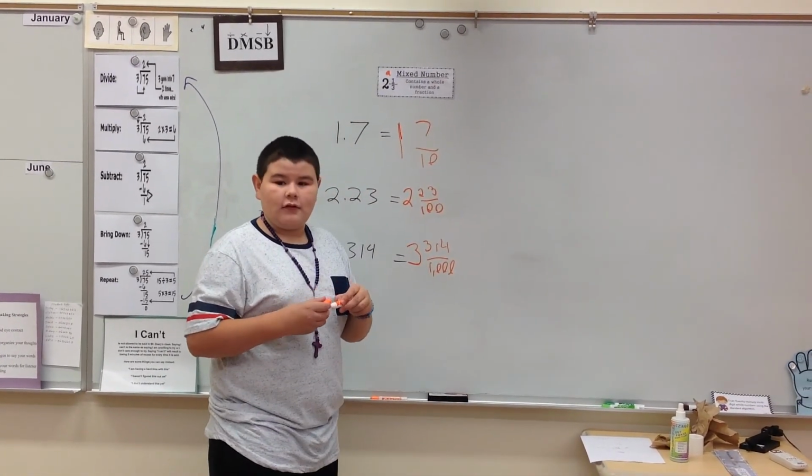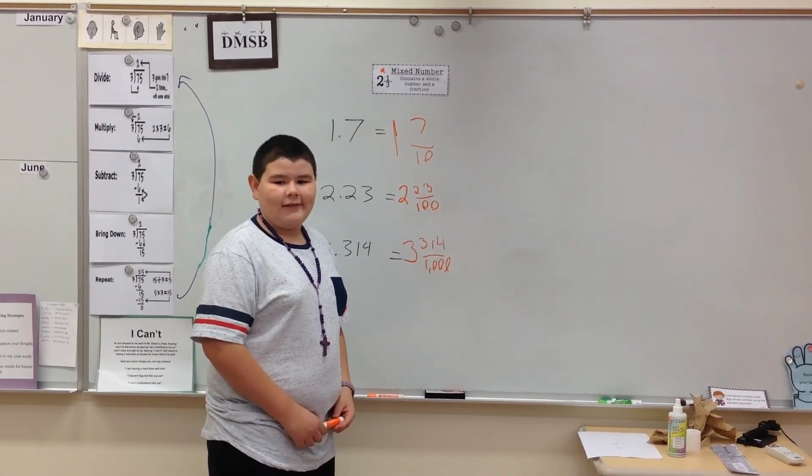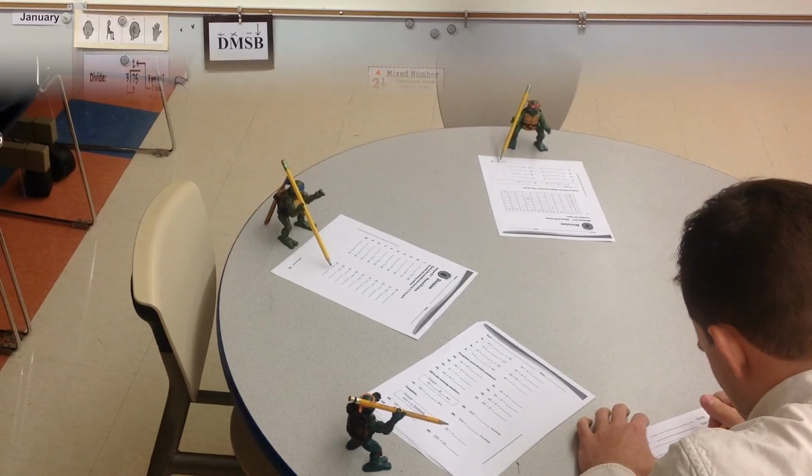Oh, Henry, it's like what Javid did, but you took the numbers in the ones place and wrote them as whole numbers. Huh, that's really cool.